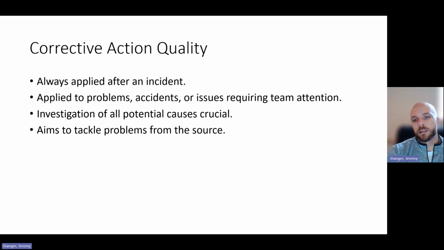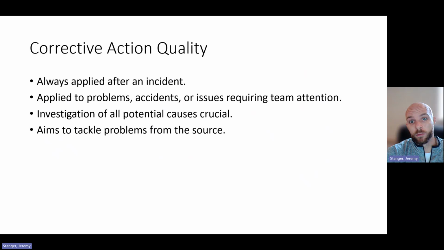It applies to problems, accidents, and issues requiring a team's attention. So, the more people we get involved to investigate near misses and incidents, the easier it becomes to implement these solutions and solve our problems. Investigating all potential causes is critical.